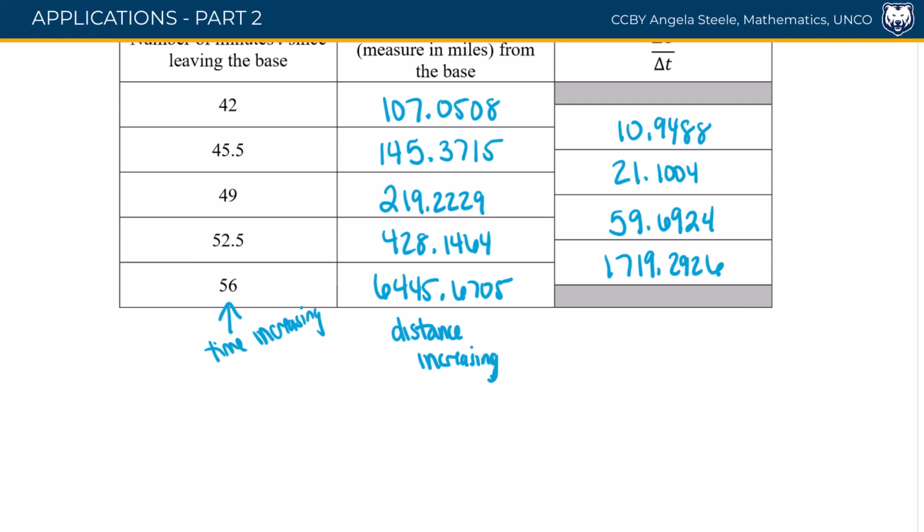And when we look at our rate of change, it goes from 10 to 21 to 59 to 1,719. So that means that the rate of change is increasing. Putting that all together, we could say as time elapses, the distance from the base increases, and the change in the distance is also increasing.